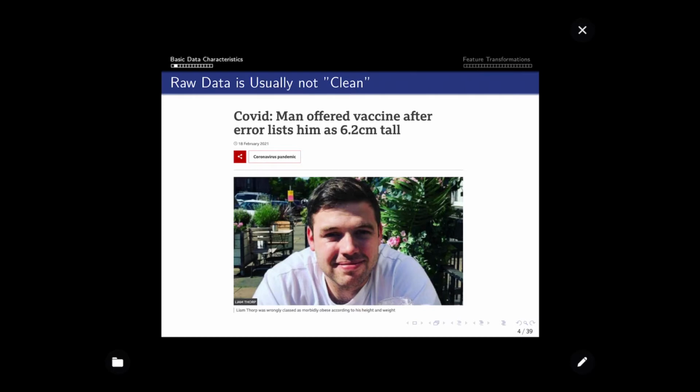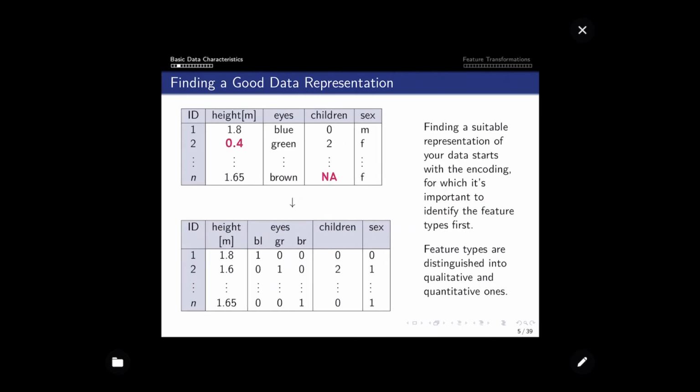He became listed as obese because he was registered in the database as being 6.2 centimeters tall. This is just one of those things which you had better check in your data before you actually do something with it. So data is just full of errors.